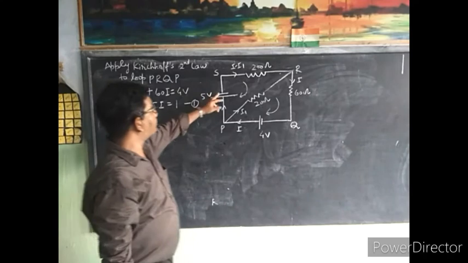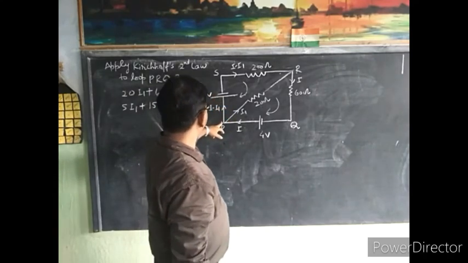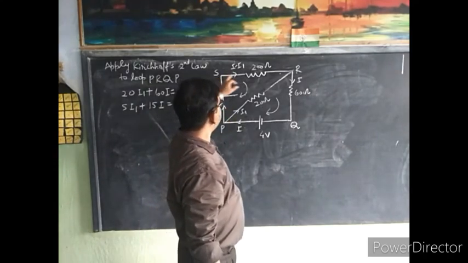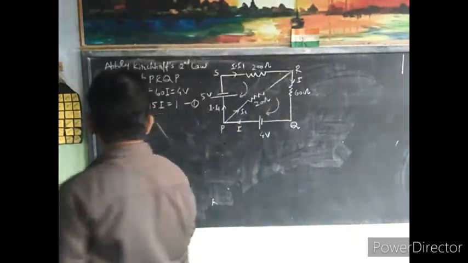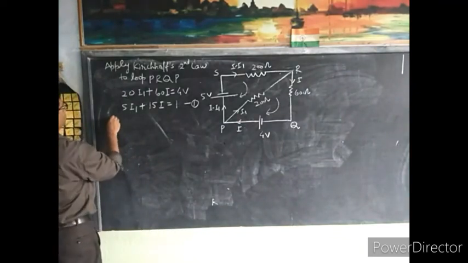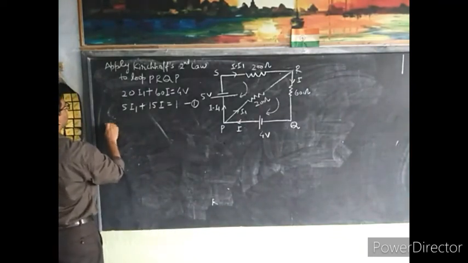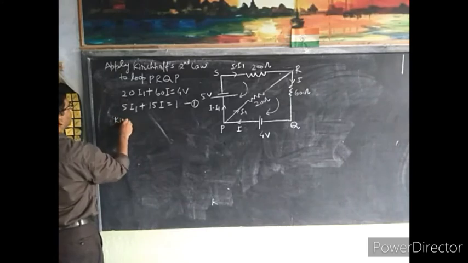Now apply Kirchhoff's second law to the loop PSRP.